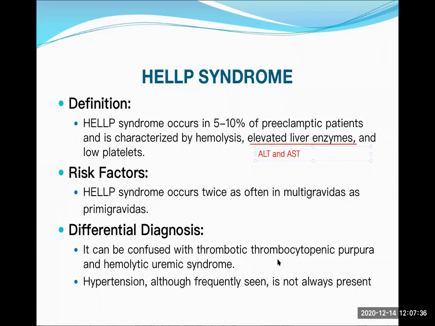TTP and HUS are other conditions which look quite similar. If I talked in detail about this, the different organ dysfunction, hemolysis, and those types of things match along with them. That's why they are considered a differential diagnosis. Let's move on.